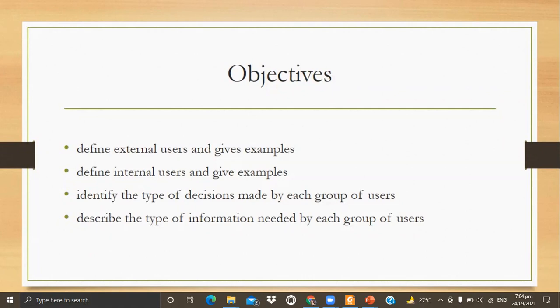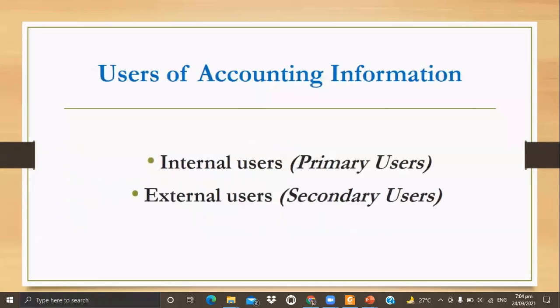After nilang makuha yung accounting information na kailangan nila, ano ba yung mga decisions na kailangan nilang gawin? Describe the type of information needed by each group of users. Iba-iba naman sila ng type ng financial information na kailangan. So if you have already watched the branch of accounting, then magkakaroon din kayo ng idea kung ano yung mga accounting information na kailangan ng iba't ibang branches. Parang medyo related din siya dito.